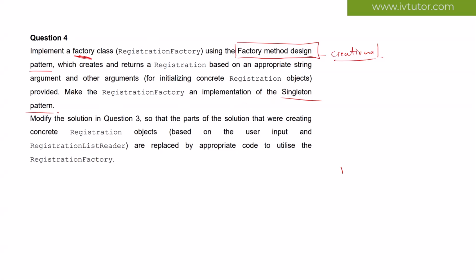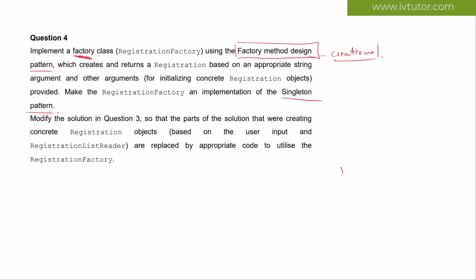Now, the Singleton design pattern is meant to solve a different type of problem, right? And what this question is showing is that you can have a class that is both factory and Singleton. So what we are going to do next is simply apply the Singleton design pattern to our factory method class. And then we'll see how our code changes once registration factory is now a singleton class.